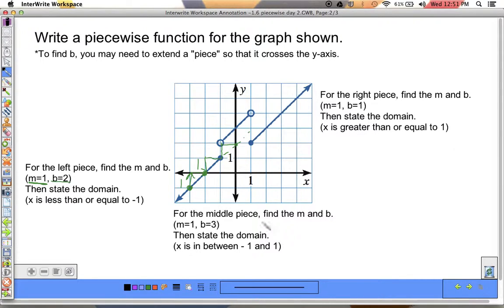So for that first piece, when you write your function, you'll put f of x, g of x, h of x, one of those equals, and then I would do 1x plus 2 if, and then I'm going to look at the domain. So on this green one, my first point was at -1 on the x-axis, and it goes left.